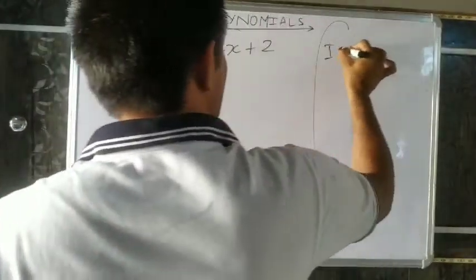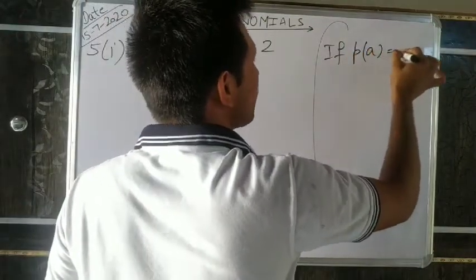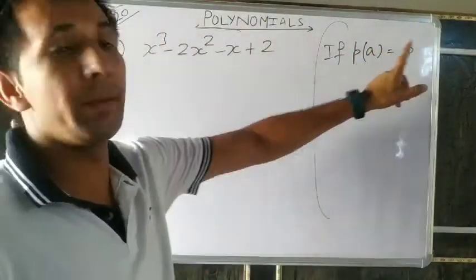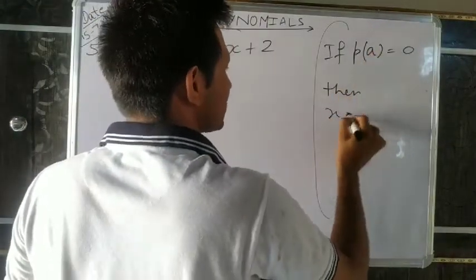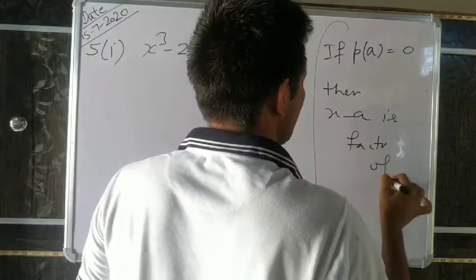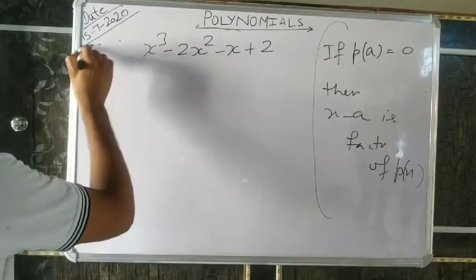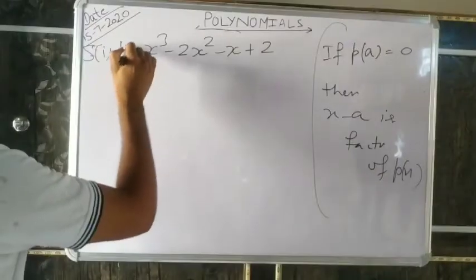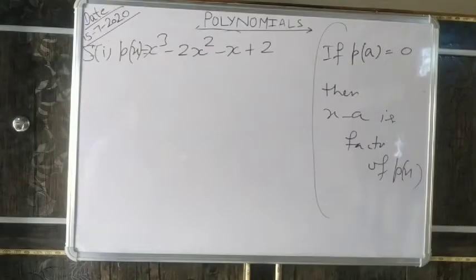If P(a) equals 0, then x minus this number is a factor of P(x). Suppose we have been given a polynomial, P(x) is equal to x cube minus 2x square minus x plus 2.